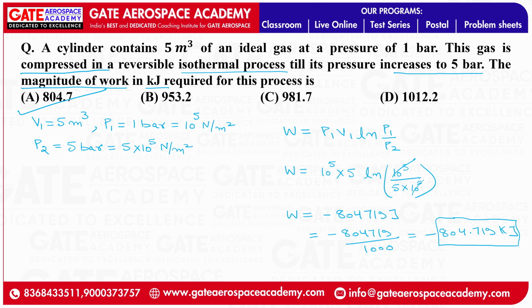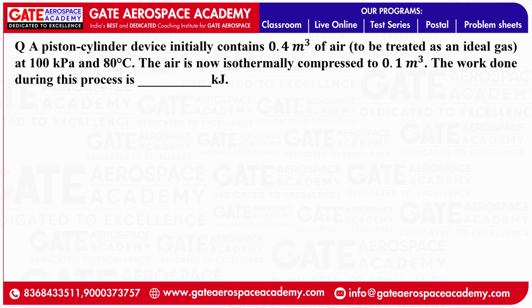Let's see one more example. A piston cylinder device initially contains 0.4 meter cube of air, to be treated as an ideal gas. So initial volume V1 is equal to 0.4 meter cube, at a pressure of 100 kPa.